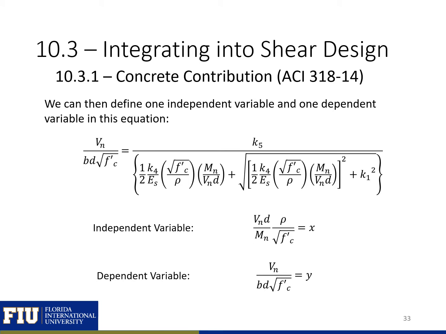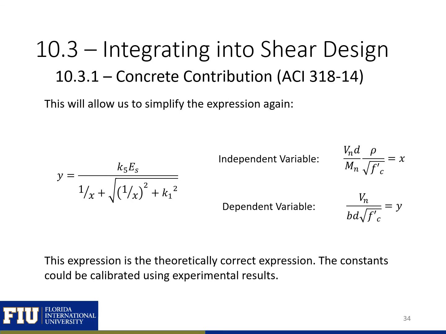Within this expression, we'll define an independent variable, x, and a dependent variable, y. And substituting in the independent variable and dependent variable into our previous expression will give us this equation here.